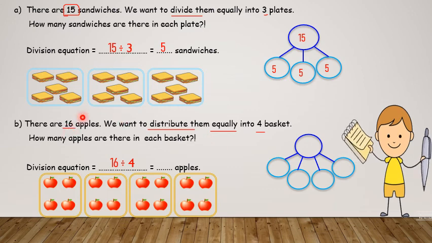So I finished all 16 apples. Each basket will have 4. So this means 16 divided by 4 will give you 4 apples for each basket. So if I want to distribute 16 into 4 groups, each group will have 4.